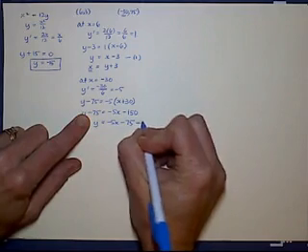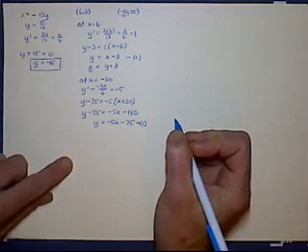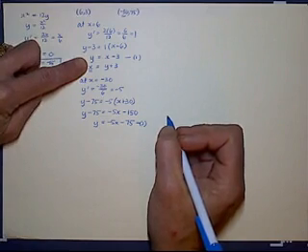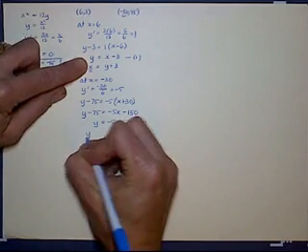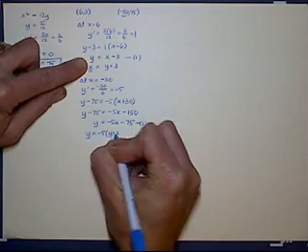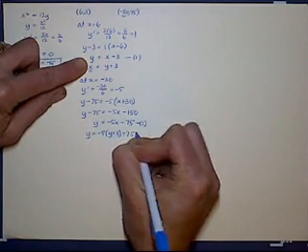That's my second equation. To find the point of intersection, I'm going to substitute in for x, and x would equal y plus 3. So y is equal to negative 5 lots of y plus 3 minus 75.